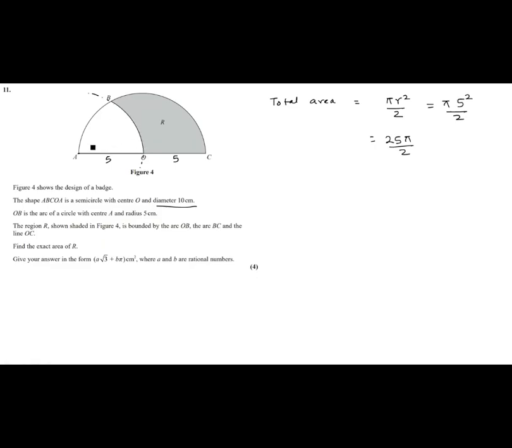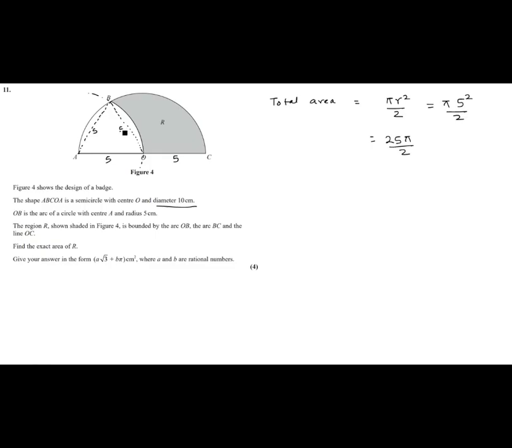Okay, so for this, if we join this with here, this will be the radius also, so this will be 5 as well, and if we join this, it will form an equilateral triangle, so this will be 5 as well.